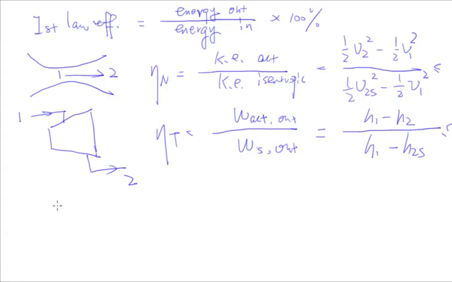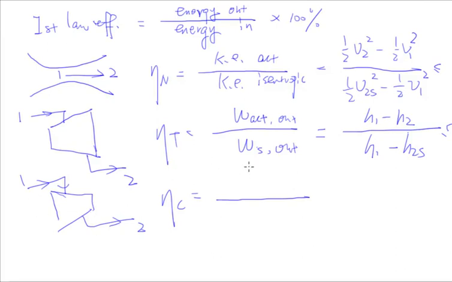And we can also have a compressor. It's just the reverse process of a turbine. For a compressor, we put some work into the system to raise the internal energy or entropy of the system.